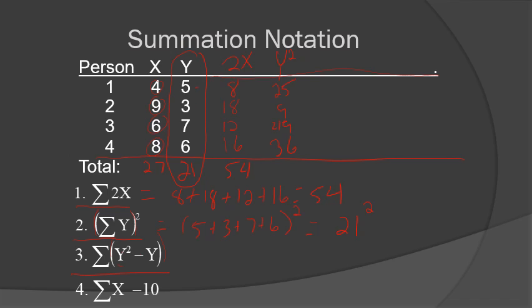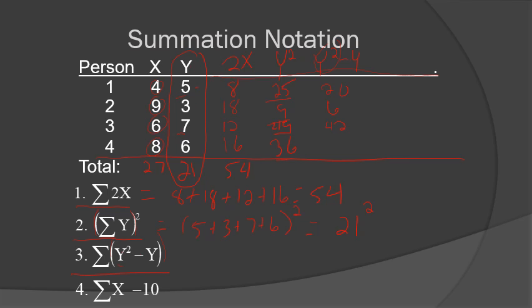Now, before we add these together, we need to do y squared minus y. So we need to take this 25 here and subtract the 5, which is 20. We take this 9 and subtract the 3, which is 6. This 49 and subtract the 7, 42. 36 we subtract 6, because again, we're taking our y squared value and subtracting our y value.